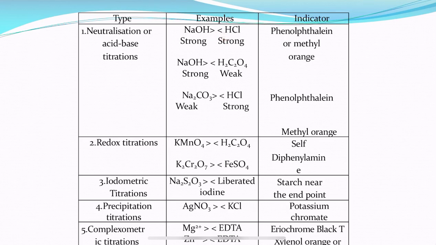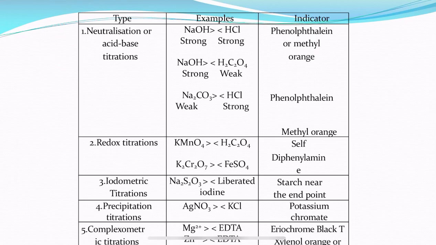Okay. So, this is one example, and we can call it a strong acid strong base reaction. This titration is an example of strong acid and strong base, since hydrochloric acid is a strong acid and sodium hydroxide is a strong base. Next is a strong acid weak base.